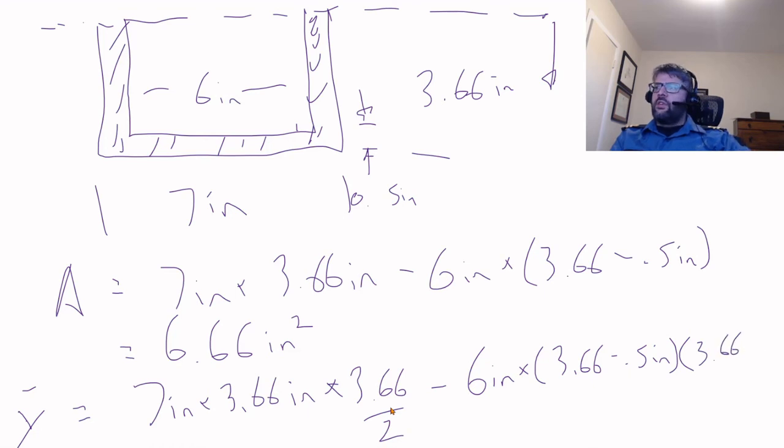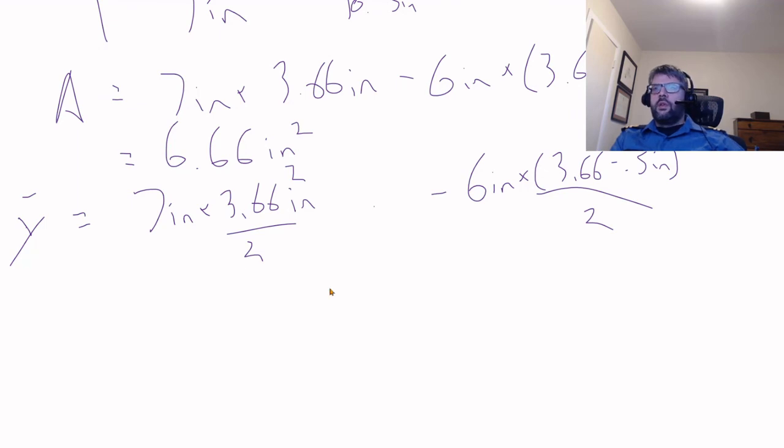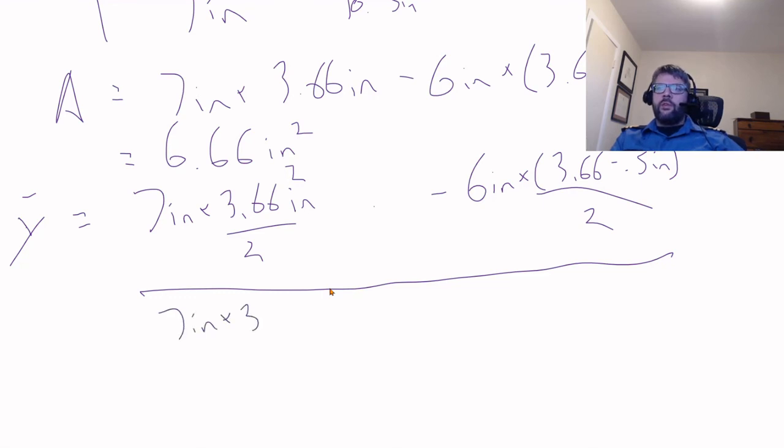Rather than writing that out again, I'm just going to put a squared sign here and divide by 2. I'll do that over here too. So that's the top of our formula, and then on the bottom, 7 inches times 3.66 inches minus 6 inches times 3.66 minus 0.5.